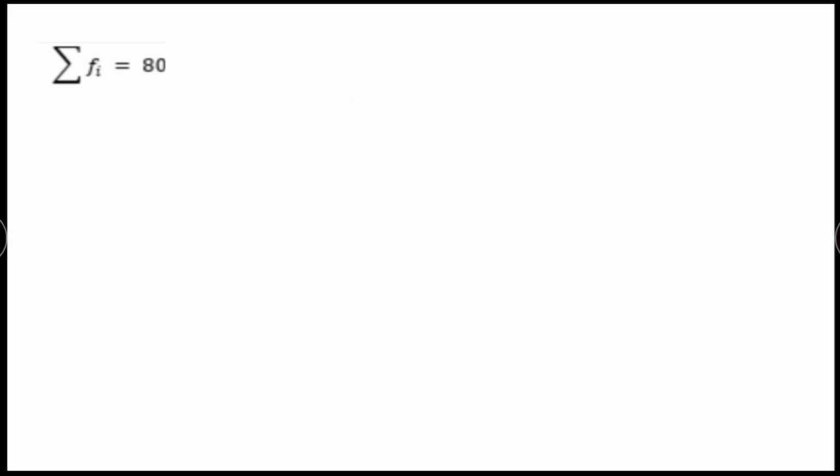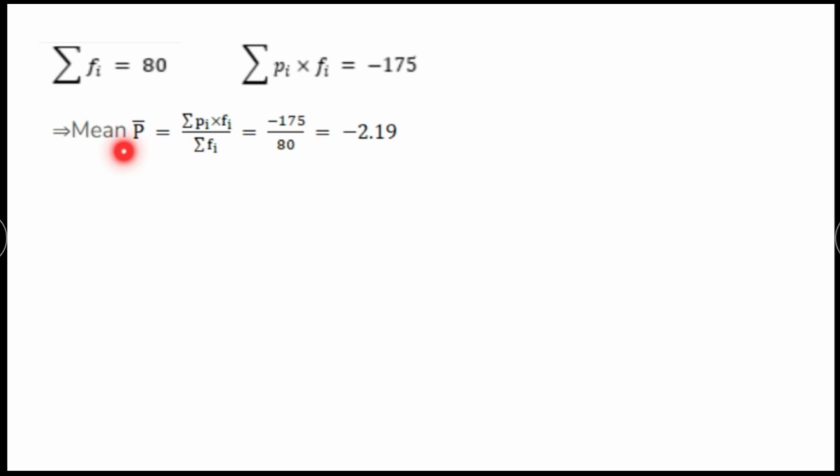So we write here summation of fi as 80, summation of pi fi as minus 175. So mean p bar equals to summation of pi into fi upon summation of fi. So we substitute the values minus 175 and 80. After simplifying this we get minus 2.19. So we have to find here mean x bar equals to p bar plus a.